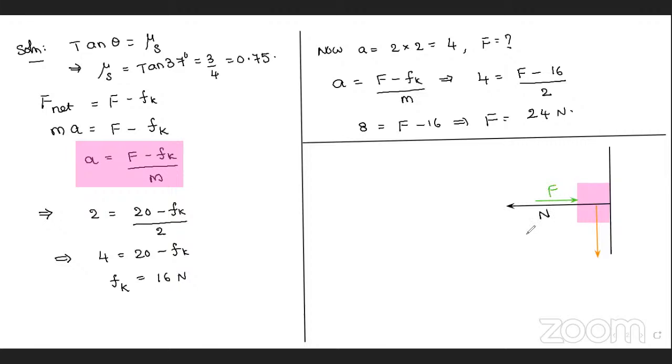In this case, suppose F is equal to 10 newtons, mu static is 0.6, and the mass of the block m is 500 grams.